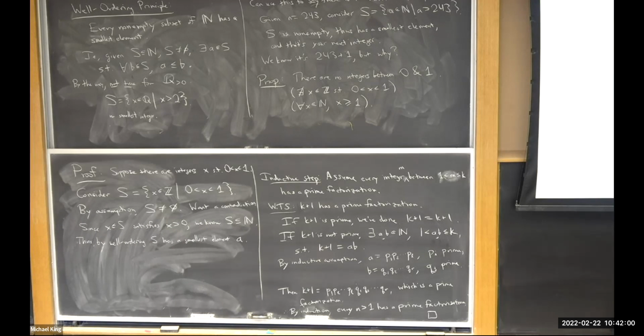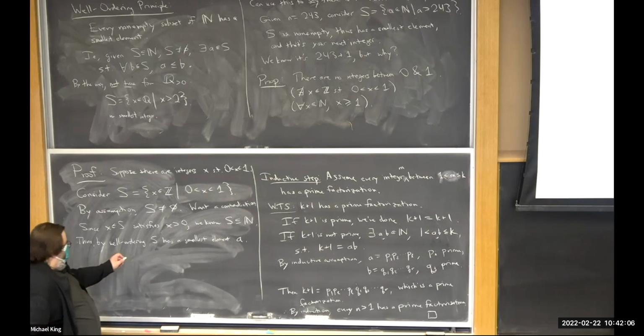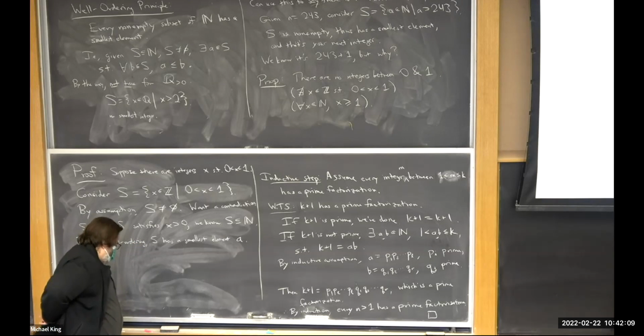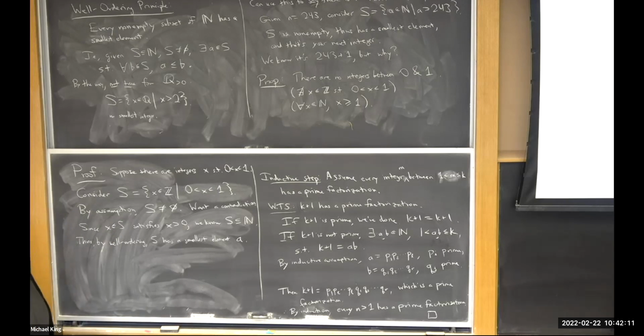Okay, so this is sort of the formal way you would set this up, but I do want to talk about why this is true. Why is 1/2 not an integer? Maybe 1/2 is an integer.